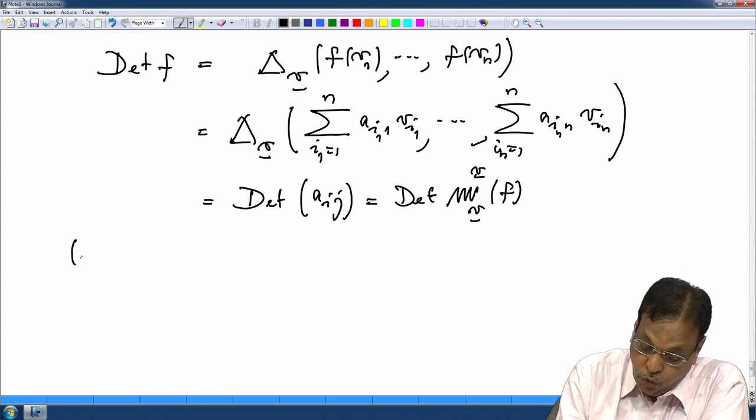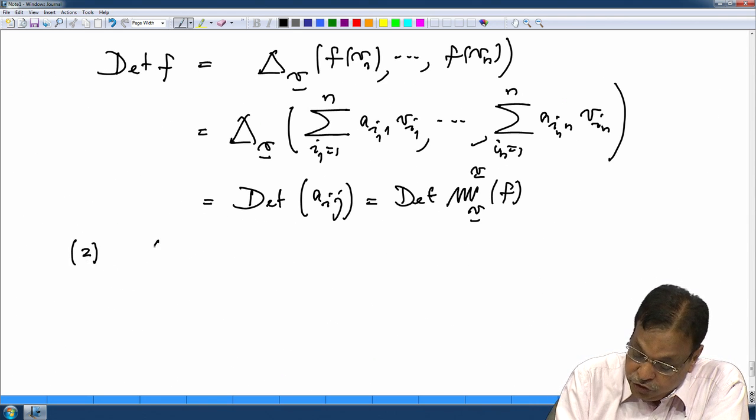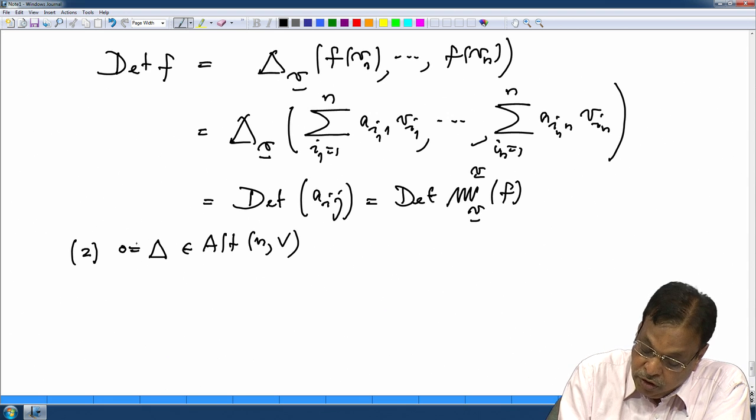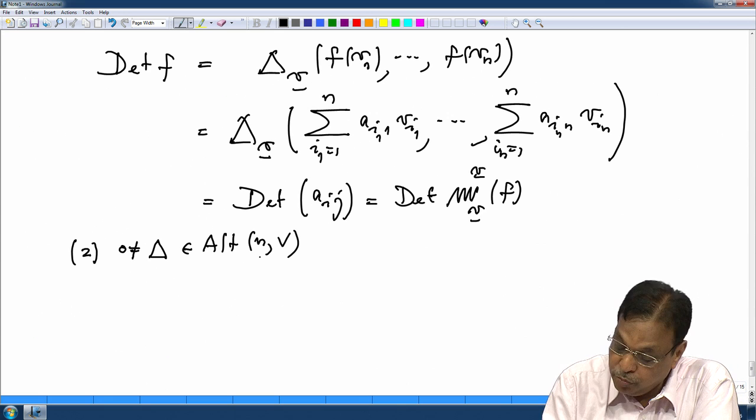To prove 2, you have to prove that if I am given any non-zero delta in Alt_n V, then how is the determinant of the product related?